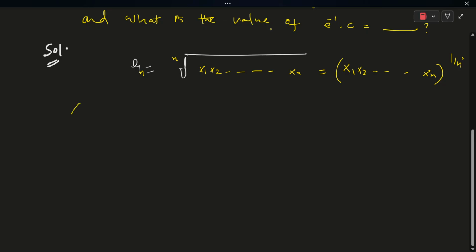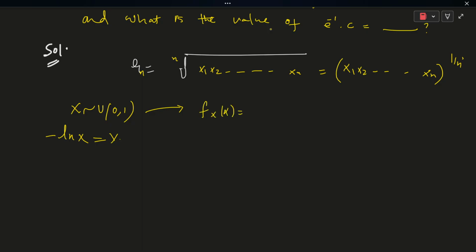As you know, x follows uniform 0, 1. Then we will find the distribution of y equal to minus ln x. So what is the PDF? f of x is equal to 1 when x is between 0 and 1. Then we need to find the distribution of y. As you know from the transformation, this will be exponential 1.